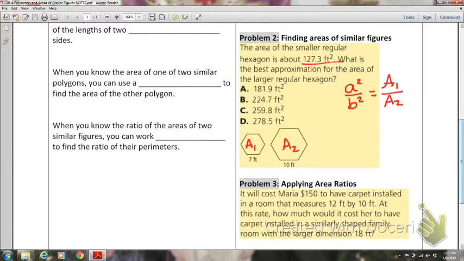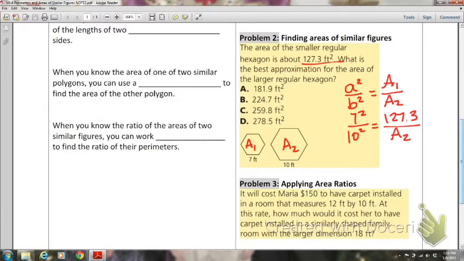So the side of the smaller one is 7, so 7 squared over 10 squared for the larger one. The area of the smaller one, it indicated, is 127.3, and we want to find the area of the larger one.